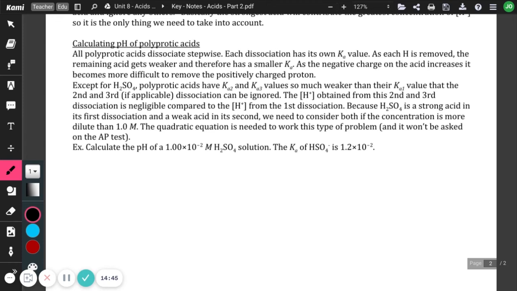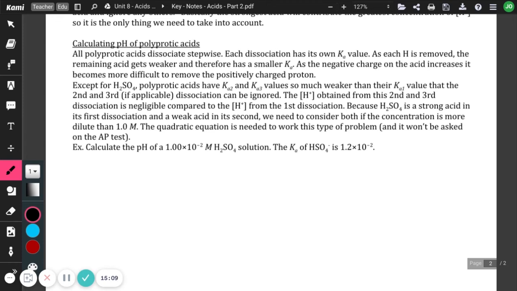And all that means is that each hydrogen is going to be removed one at a time. For example, sulfuric acid, that's H2SO4, it's got 2 hydrogens there to work with. And so we remove one hydrogen at a time when determining that pH or determining our values, okay?